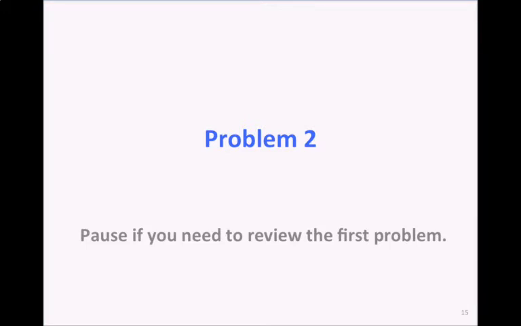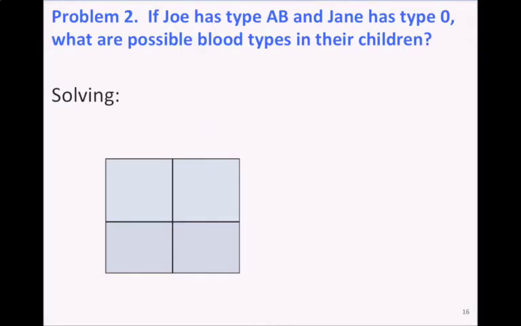We're moving to problem number 2. If Joe has type AB and Jane has type O, what are the possible blood types in their children? So again, break it down. You're going to figure out the genotype of Joe and then Jane's genotype and fill out the Punnett square.